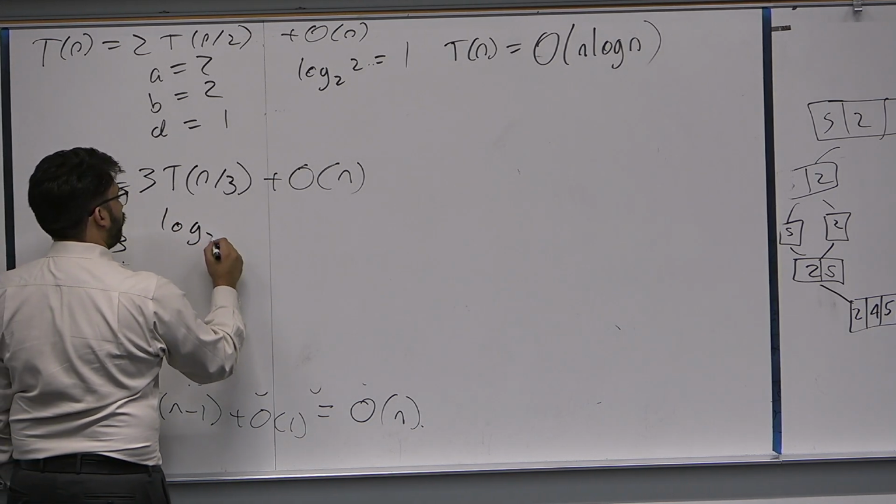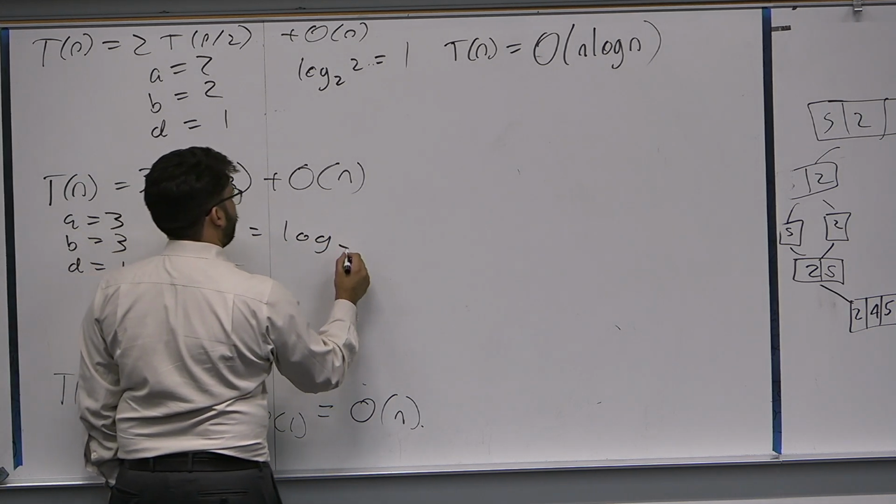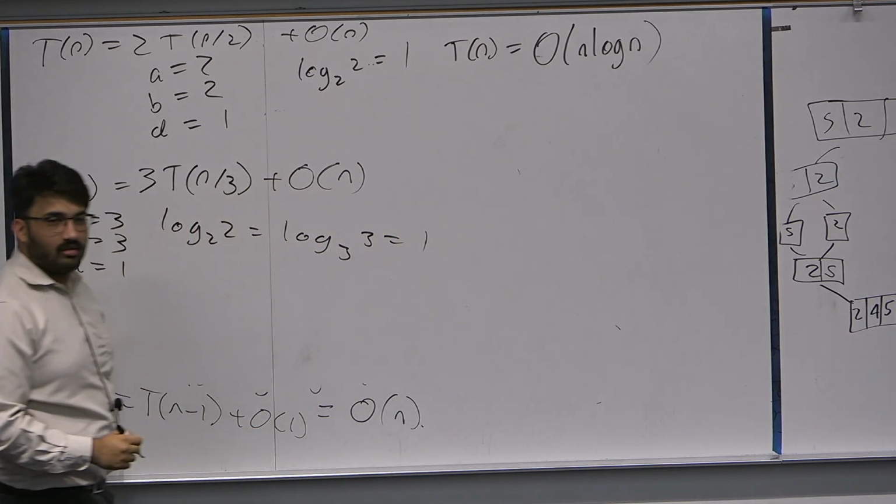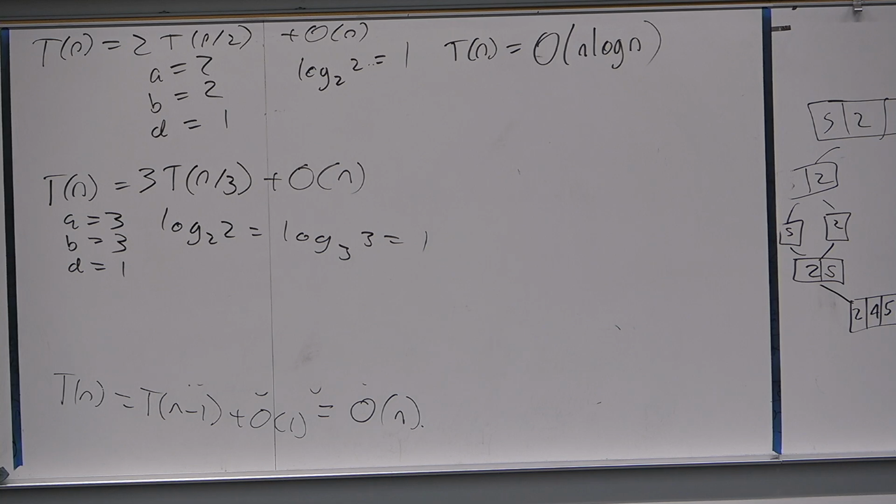Log base 2 of 2 is equal to log base 3 of 3, which is equal to 1. So if you have a divide and conquer algorithm, if the number of subproblems is equal to the size factor of the subproblems split, it doesn't really matter. Now, it does matter if you can change the number of subproblems by changing the size of the subproblems. But 2 halves is the same as 3 thirds and 4 fourths and so on.